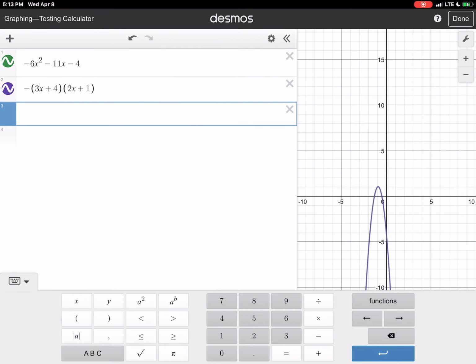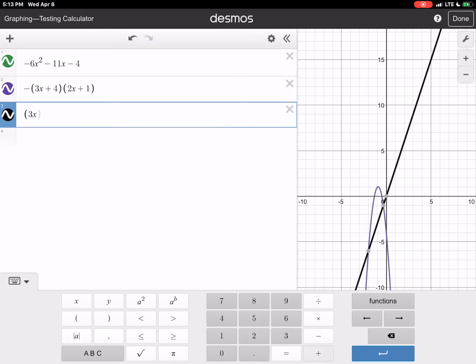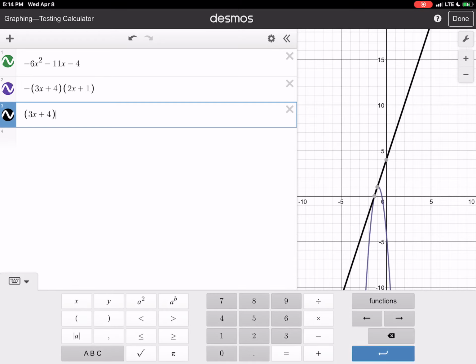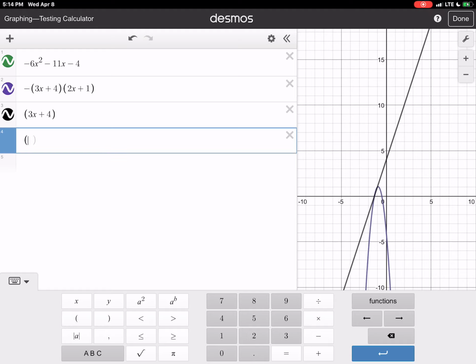So I'm going to go ahead and test these individually. So 3x plus 4. And look at that. It intersects exactly right there. Let me try the other one. 2x plus 1.